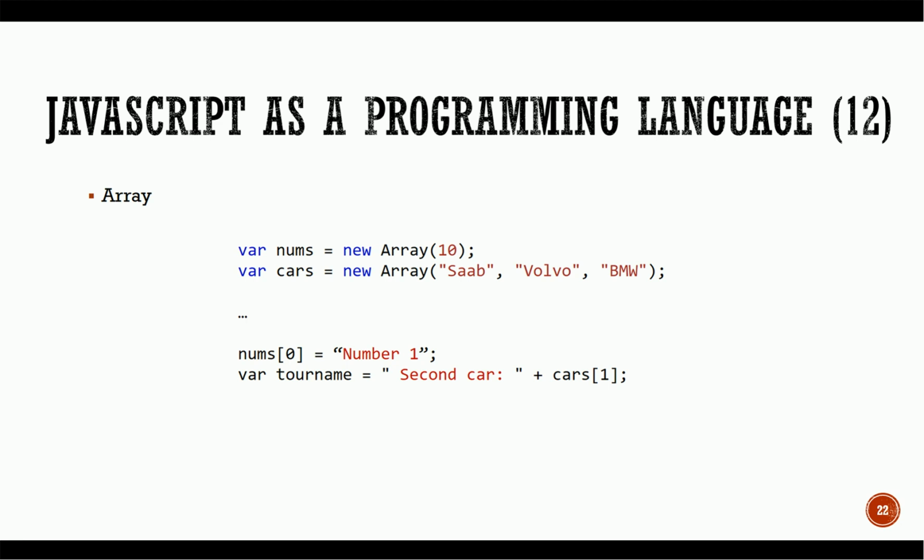But this is the way that we access the values of an array. We assign the value by using the equal operator here, and we also access the value of the array by using the array name and the index number.